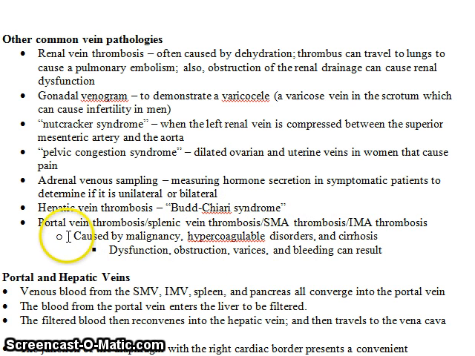And then you've got the portal vein, which we're going to talk about a little bit more in a little bit, but the portal vein can also thrombose. And then here are the veins that feed the portal vein. So all of these different veins can also thrombose. And that can cause, of course, obstruction, varices, bleeding, dysfunction of those organs.